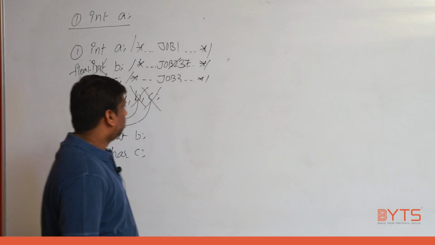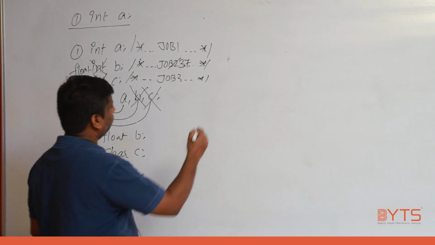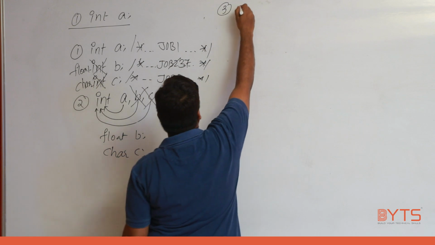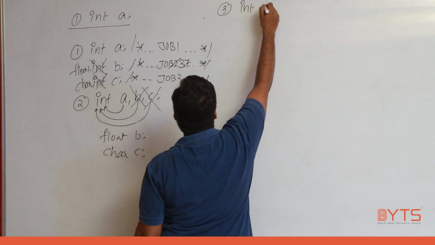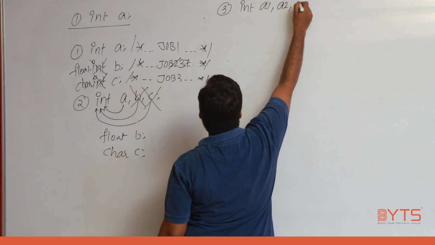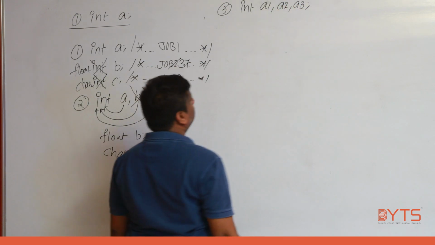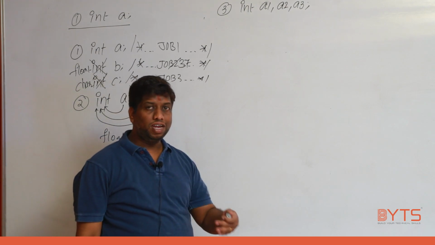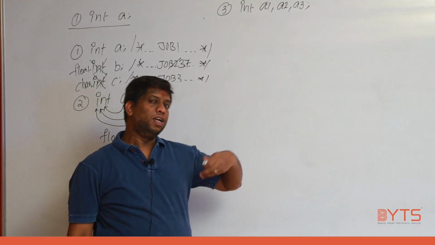Now we are going to discuss the third point. Here I am writing int A1, A2, A3. Is this valid or not valid? Valid. Why? A variable name can contain numbers also.